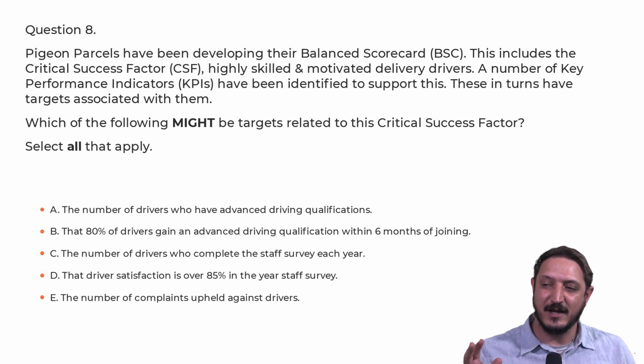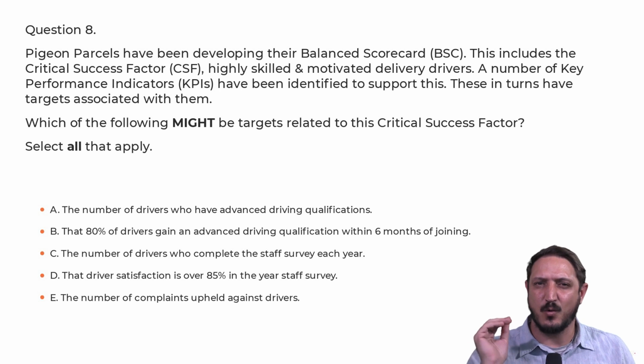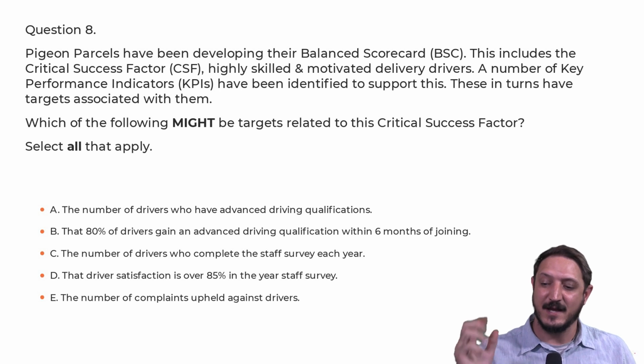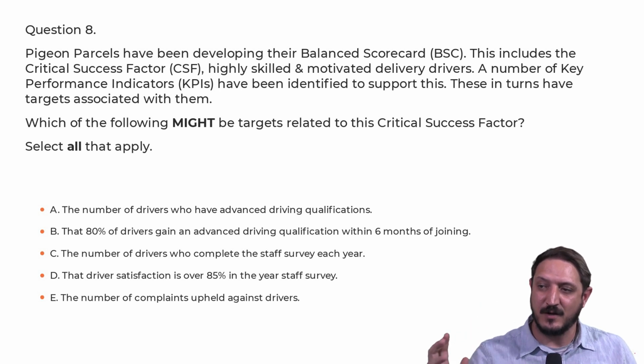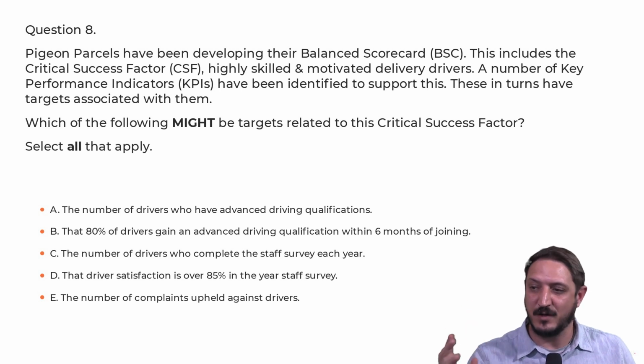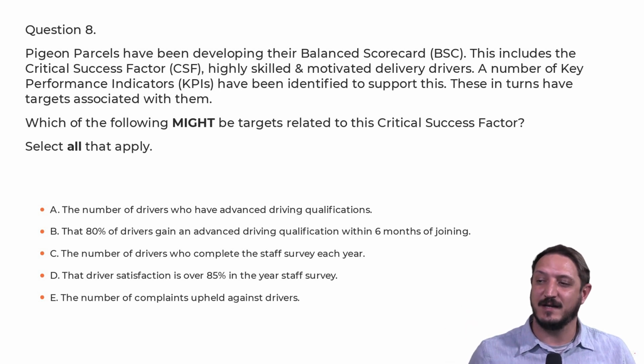And instantly, if I look at this, common critical success factors, they'll use it as a quantitative, so it's the number of this. I can see in here that A is the number of drivers who have advanced driving qualifications. C is the number of drivers who complete the staff survey each year.